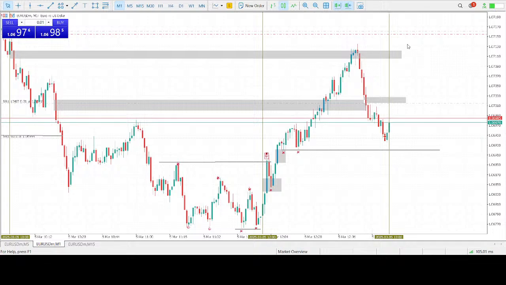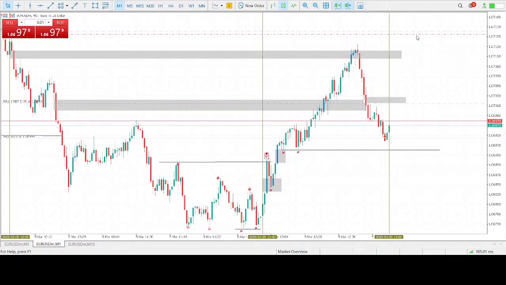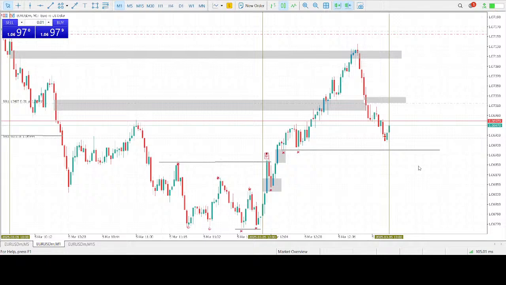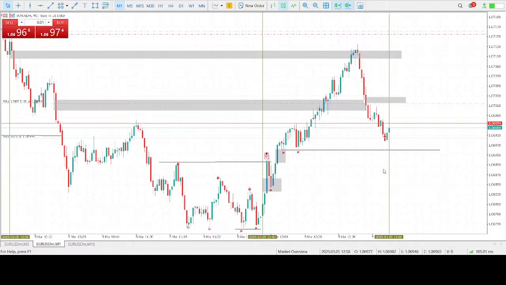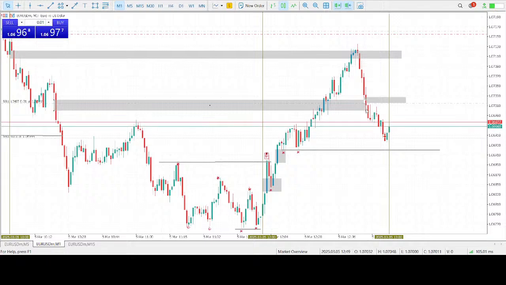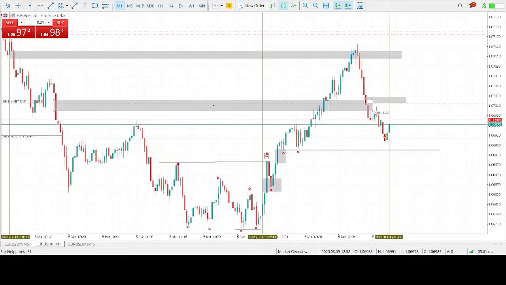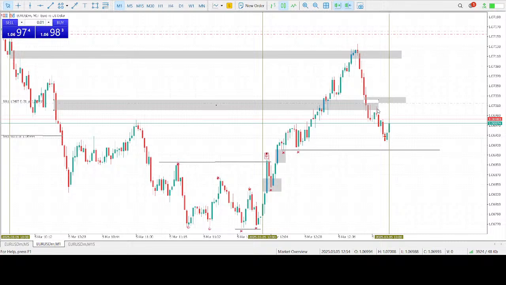So this one will probably... I took this trade here. Although it's a bit far down, in case this was a consideration as an inversion fair value gap here, it could have been another alternative.